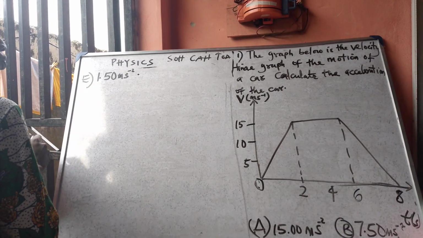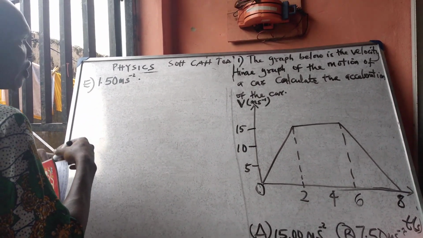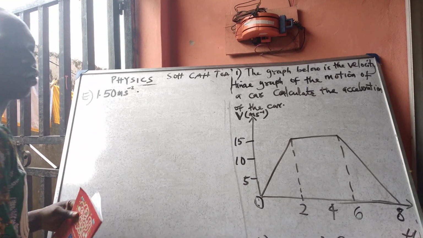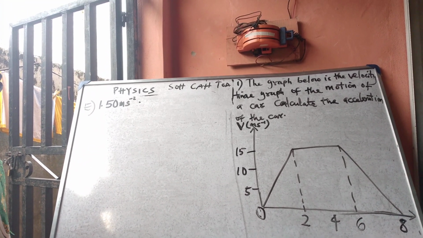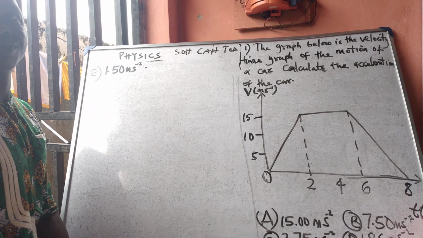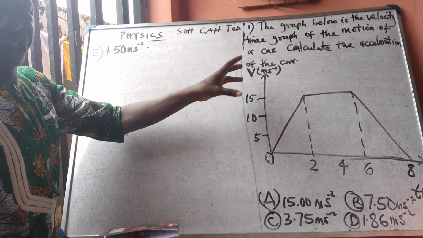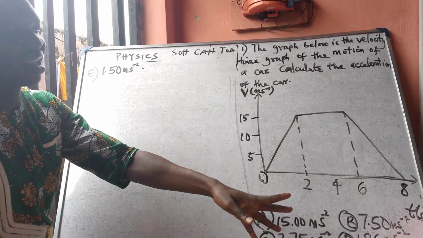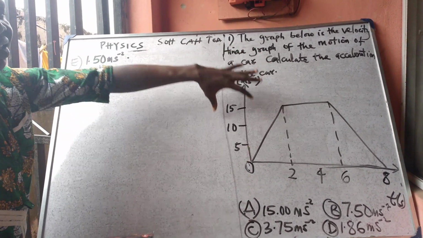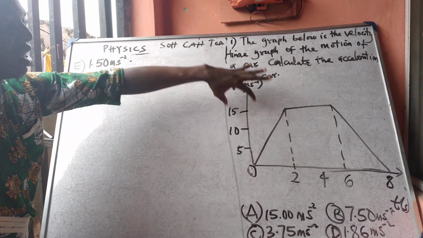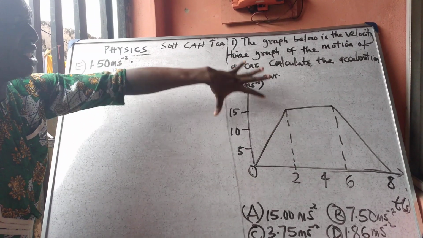Let's solve that question. The graph below is the velocity time graph of the motion of a car. We are told to calculate the acceleration of the car. Now, a velocity time graph is a graph that shows the components of velocity plotted against time. Velocity is always plotted on the y-axis, or the vertical component, or the ordinates.